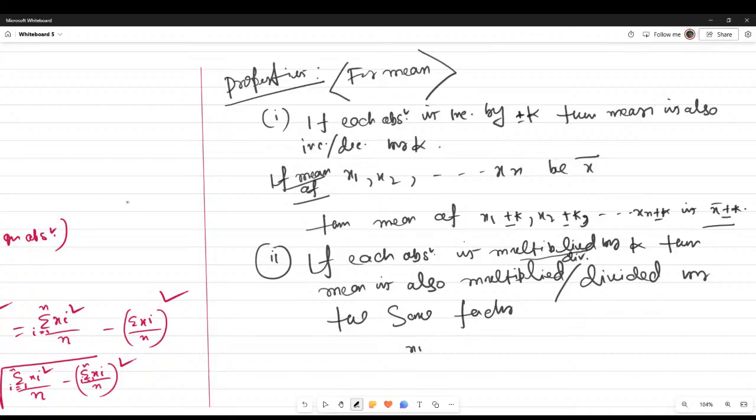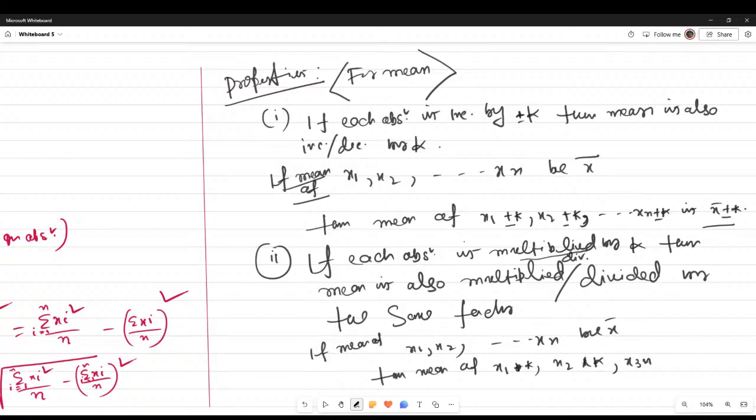So if the mean of x1, x2, ..., xn is x bar, then the mean of x1 into k and so on is k into x bar.